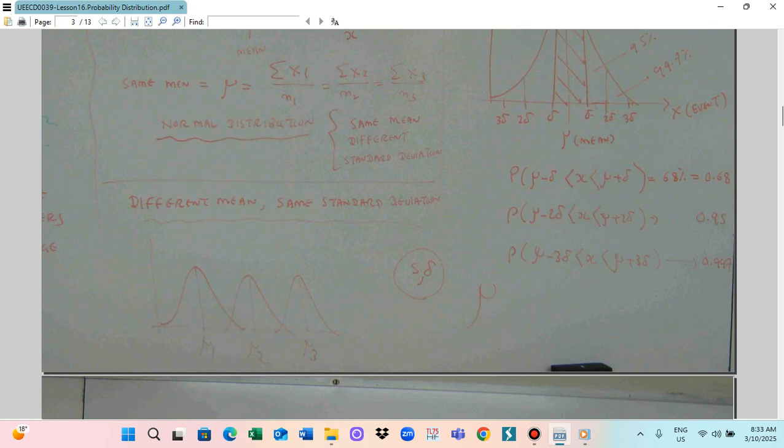This one will be mu1, this graph will be mu2, and this one will be mu3. So you see the graphs are the same size, but the means are different. So this is a different mean, same standard deviation.